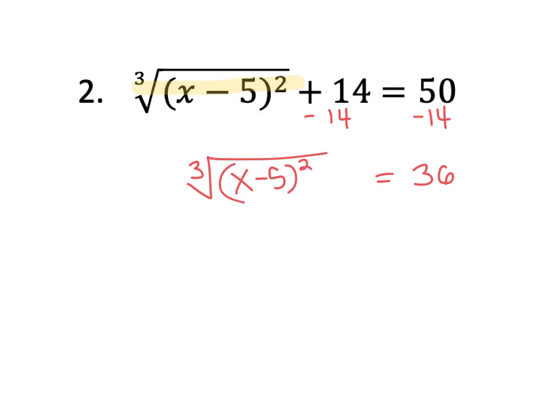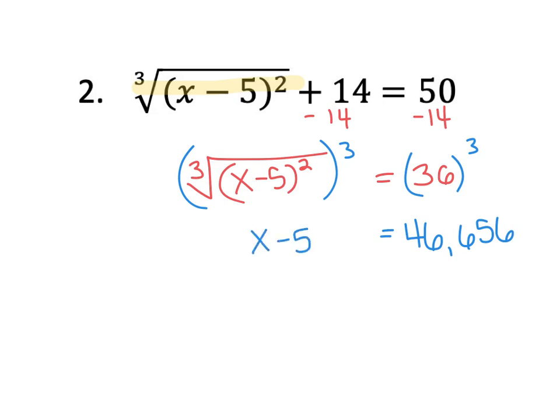Now that that's isolated, I am going to cube both sides. I'm doing the inverse. Let's see, 36 cubed is going to be a large value. That is 46,656. And I'd be left with just the radicand, which is x minus 5 squared.